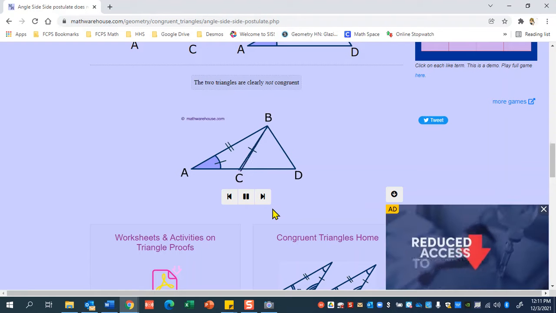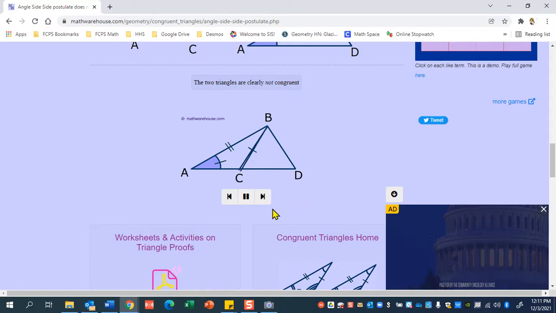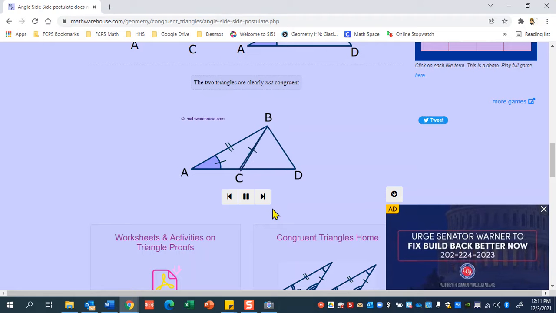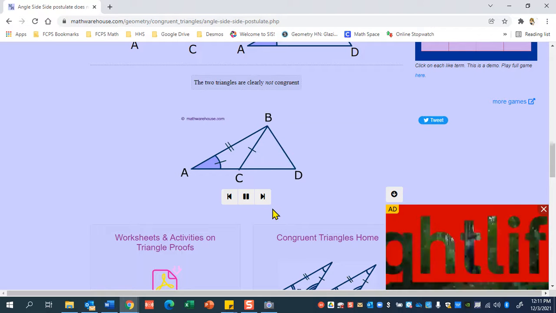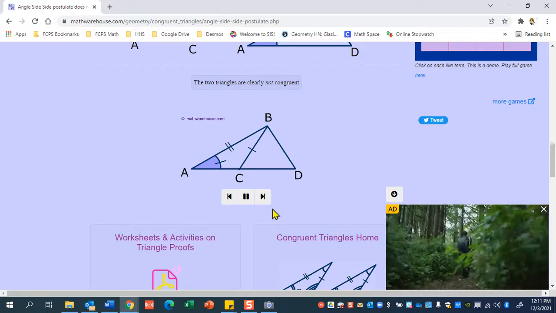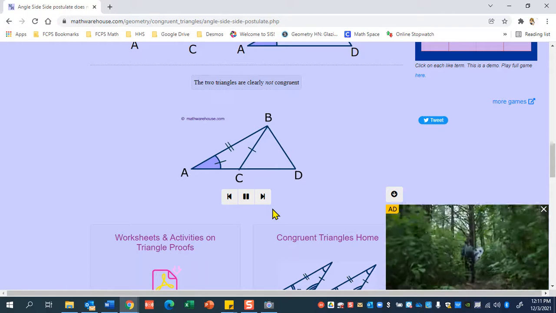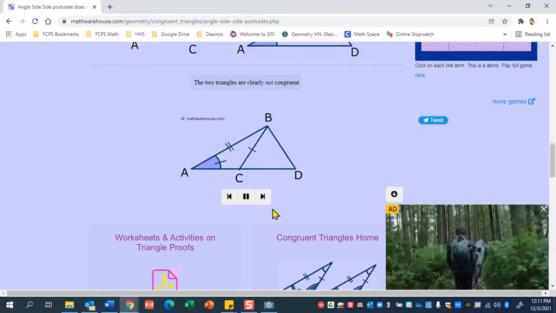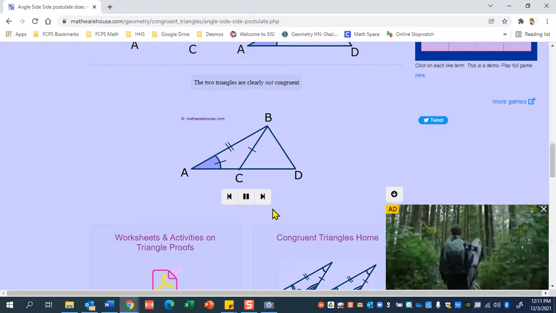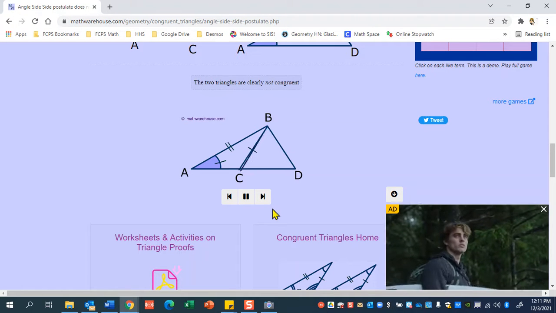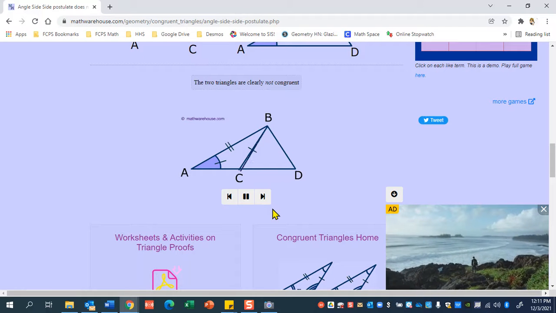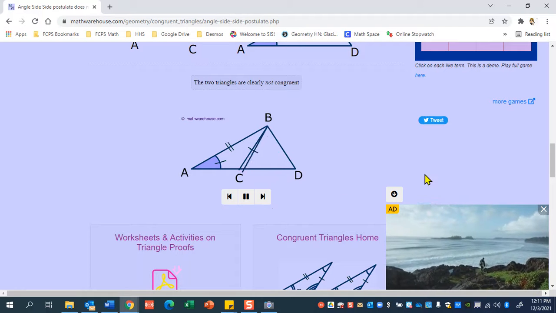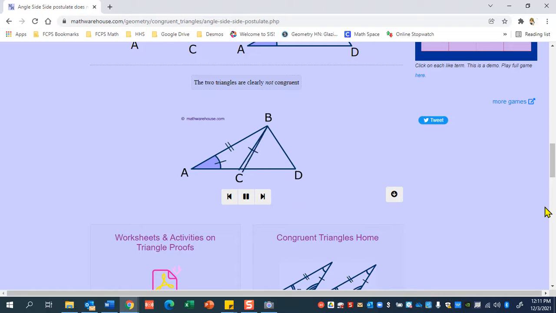So without having this angle in the middle for side angle side, or this angle here for angle side angle, or the length of this side for side angle side, without having those measurements, I can't guarantee whether I'm looking at triangle ABC or ABD. What's on your mind?